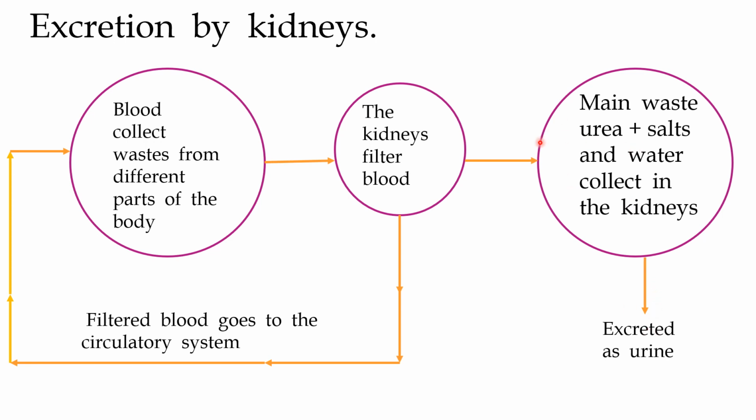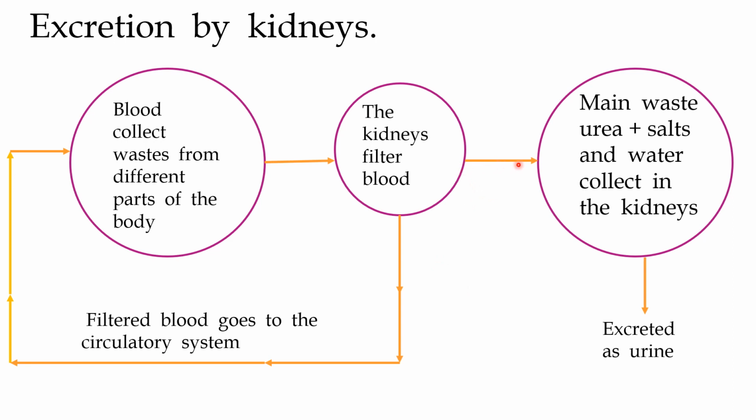Now what happens? The main waste, that is the urea plus the salts and water, all gets collected in the kidneys. And if you remember in the previous diagram I had shown you, from the kidneys through the ureters, it goes into the bladder, and from the bladder it goes through the urethra out of the body.